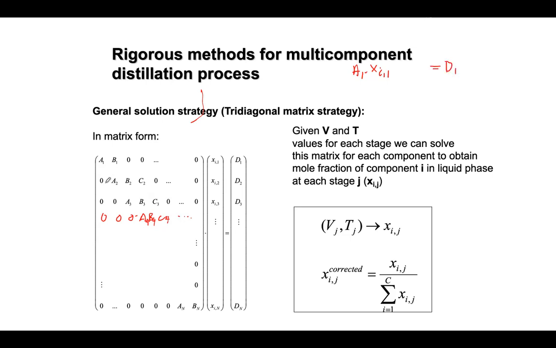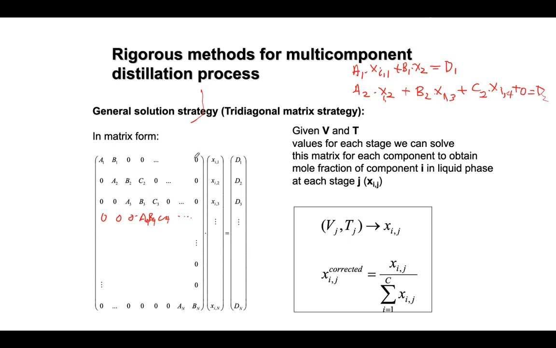Okay, the next one, for example, here you don't have, so 0 multiplied by xi1, and then you have a2 multiplied with xi2 plus b2 multiplied with xi3, for example, plus c2 multiplied with xi4 plus 0 equal to d2.